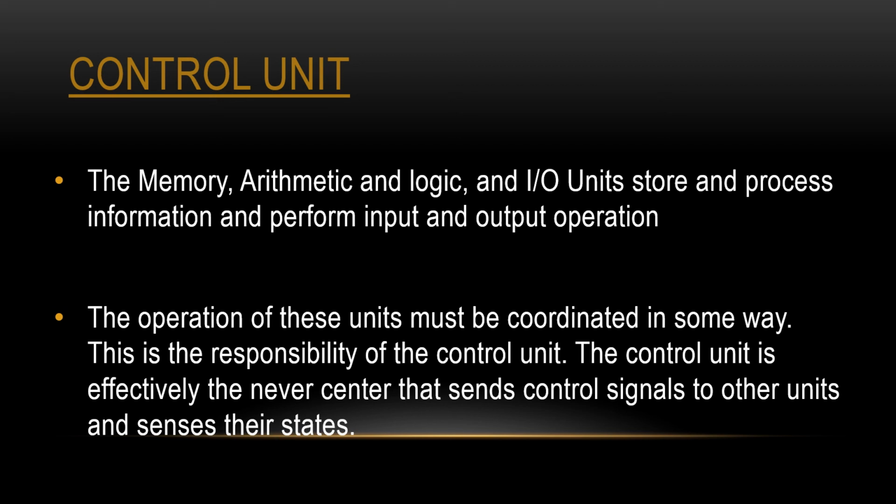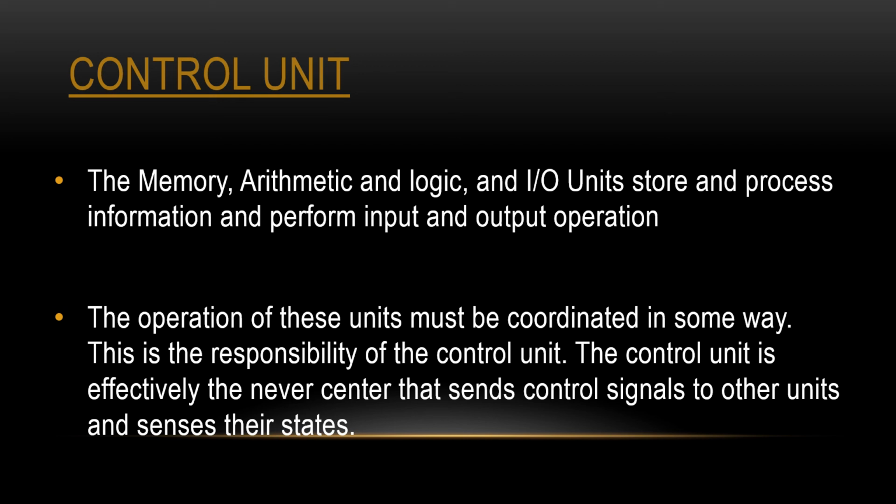So it will provide timing as well as control. It will send the control signals and get their status, whether they are ready or whether they are busy, and then it will coordinate with the processor.